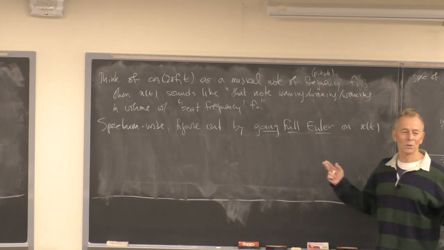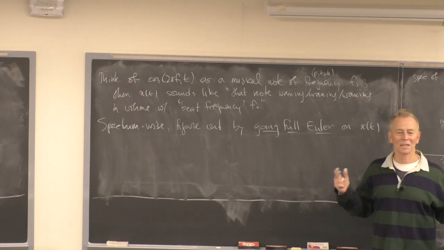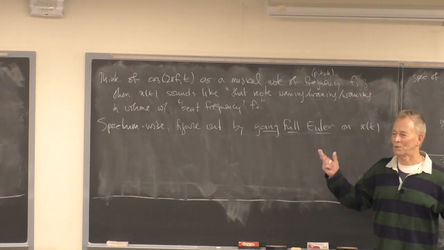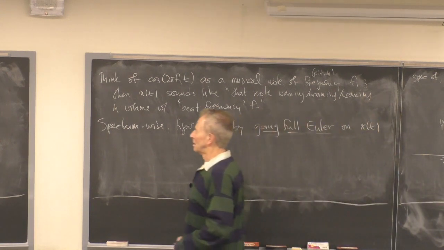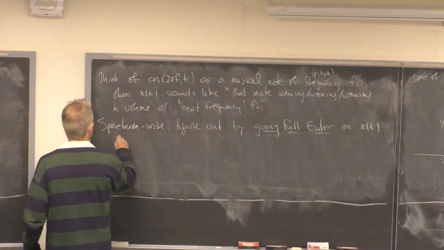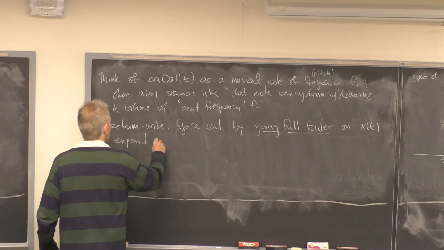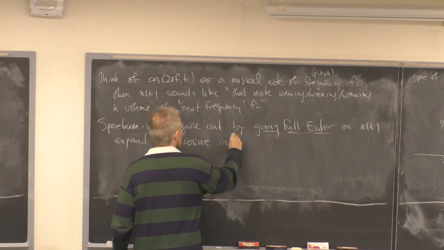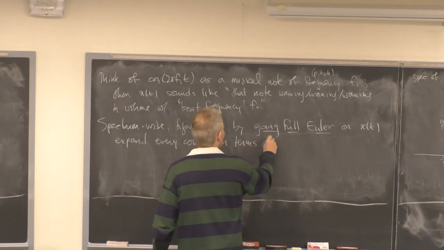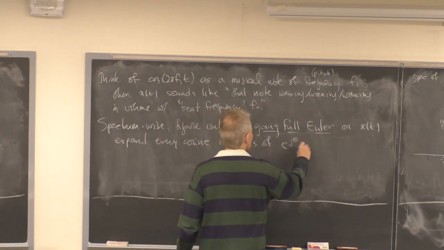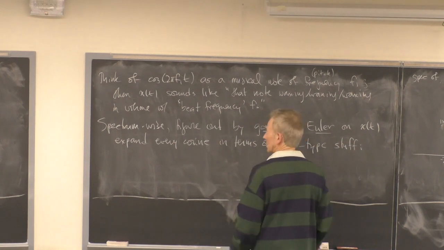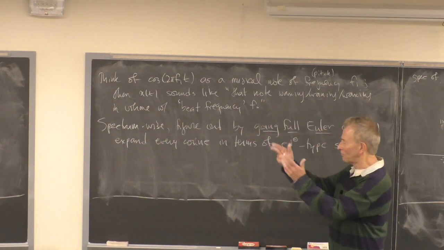So how does one go full Euler on something? One takes every cosine in sight and expands it as a sum of complex exponentials, and then does all the multiplication, and boom, you've got whatever you're looking for. So you expand every cosine in terms of things like e to the j theta. OK, so I'll give you an example of how to go full Euler on this.